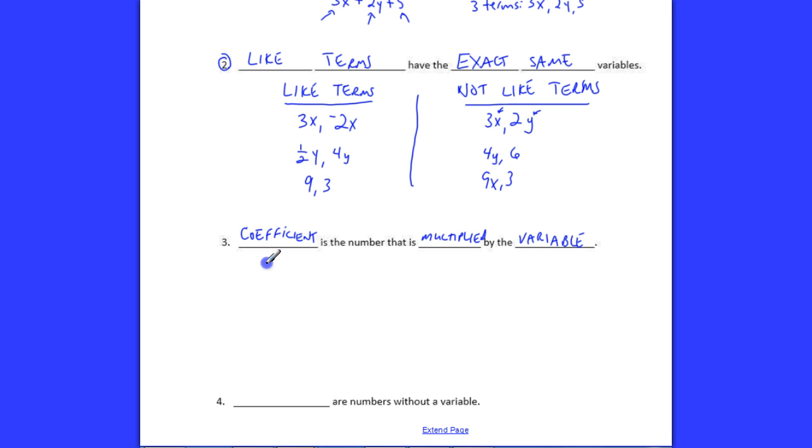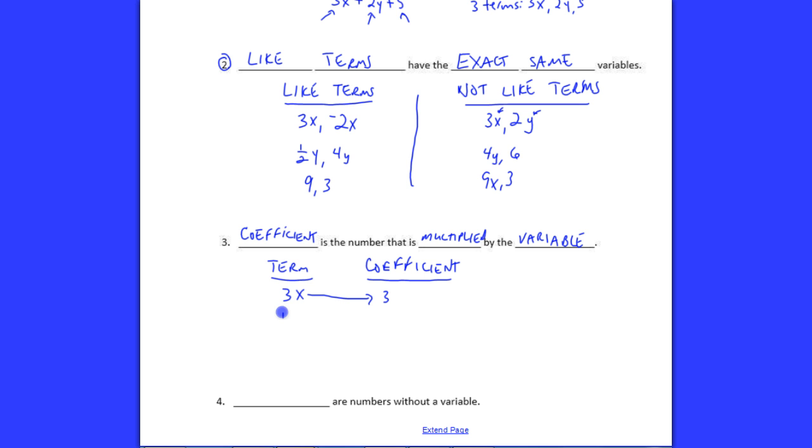Write down the word term here. Put a line underneath it, and under the term, write 3x. Over here, write the word coefficient. For the term 3x, the coefficient is 3.